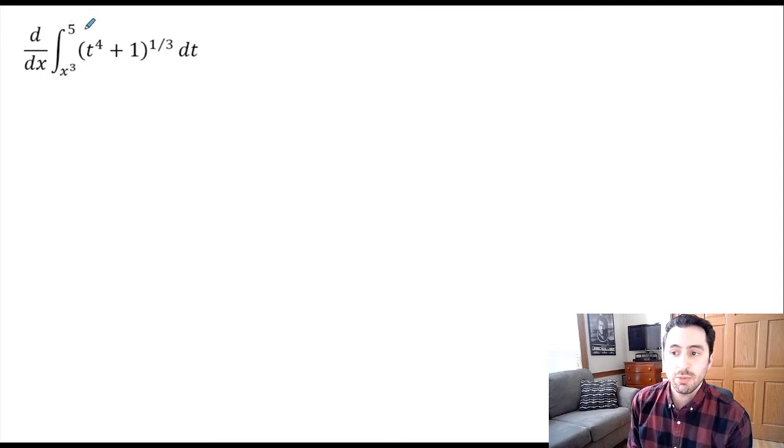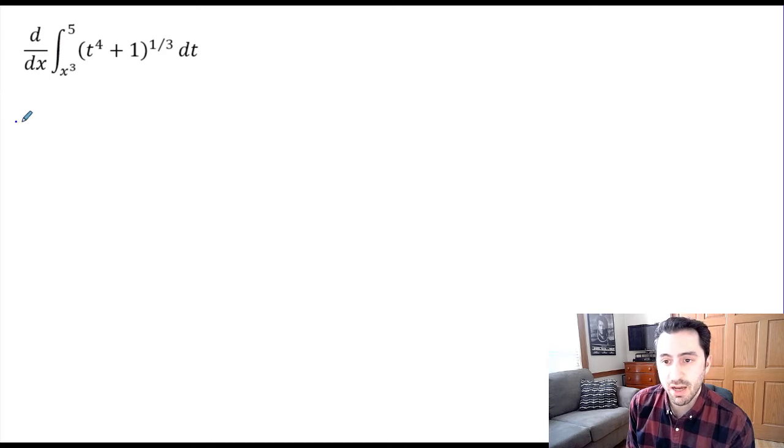If I want to be able to use part 1 of the Fundamental Theorem of Calculus, my variable has to be the upper bound. So we need to use one of our properties of integrals, where if I do the opposite of the integral, I can switch the upper and the lower bounds. So I'm going to do the opposite of this integral, and I'm going to move that negative out front.